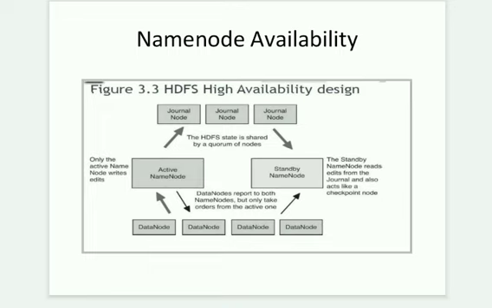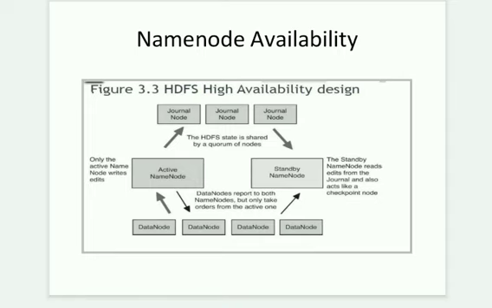Each machine is configured with exactly the same software. That means both the active name node and the standby name node have the same software configured. As you can see in the picture, there is an active name node and a standby name node. Only the active name node writes edits.